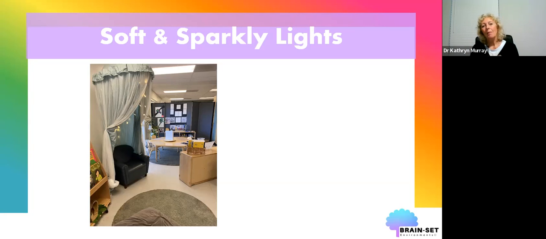We want open-ended materials and open-ended opportunities for children to learn, because remember, we talked about the synapses and the neural pathways right in the very beginning, and about the development of 90% of the brain. So that's why we have to give a range of different spaces and a range of different materials for young children to learn with.